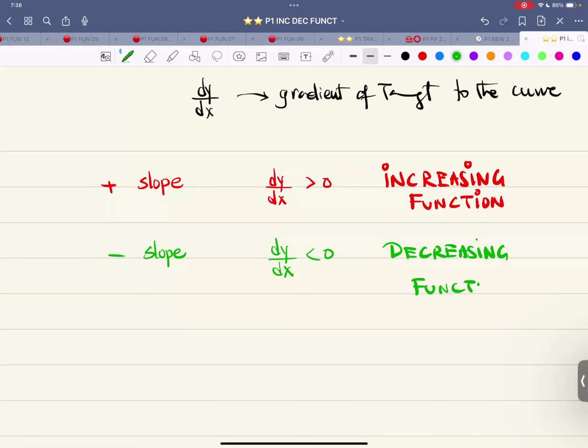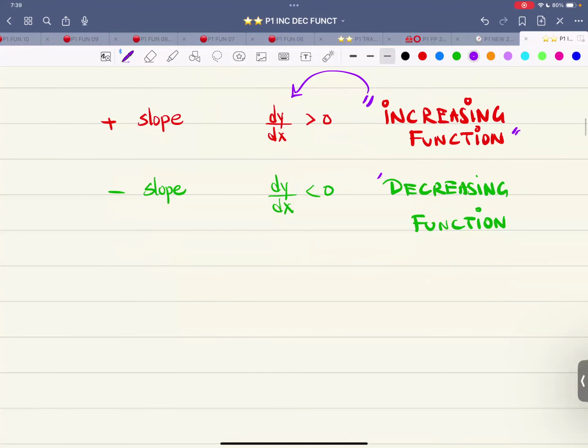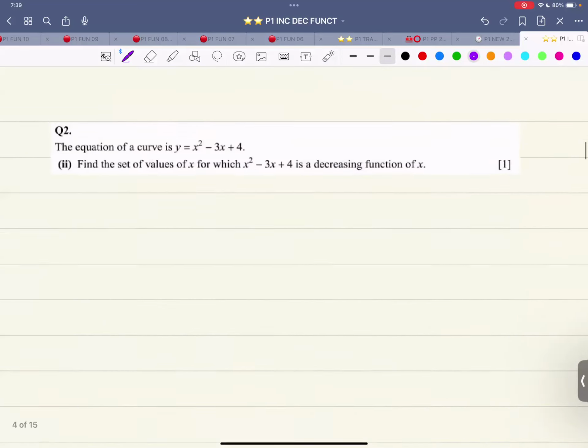In other words, when the question is asking about increasing function, what do we do? We make dy by dx greater than 0. When the question asks for decreasing function, what do we do? We make dy by dx less than 0. That is the basic idea, with naturally some spice added to it.